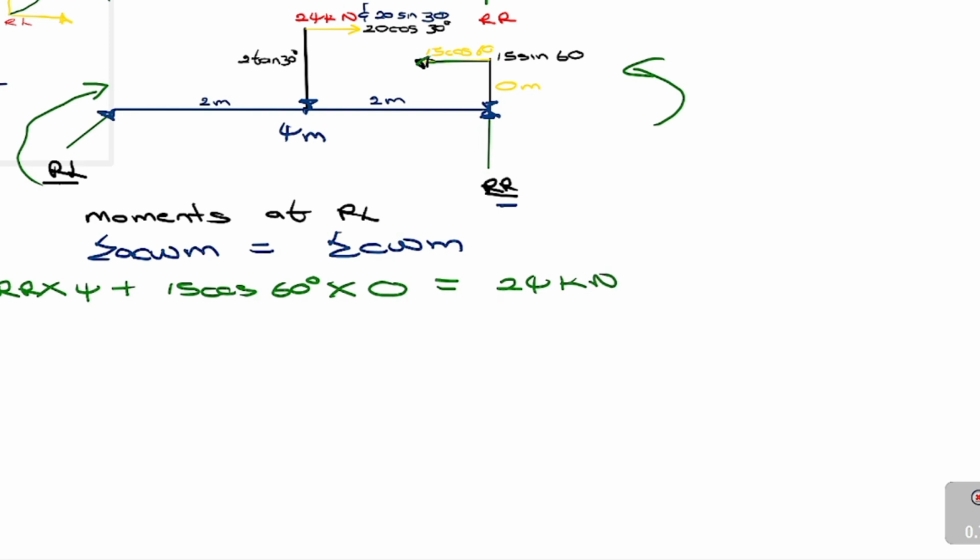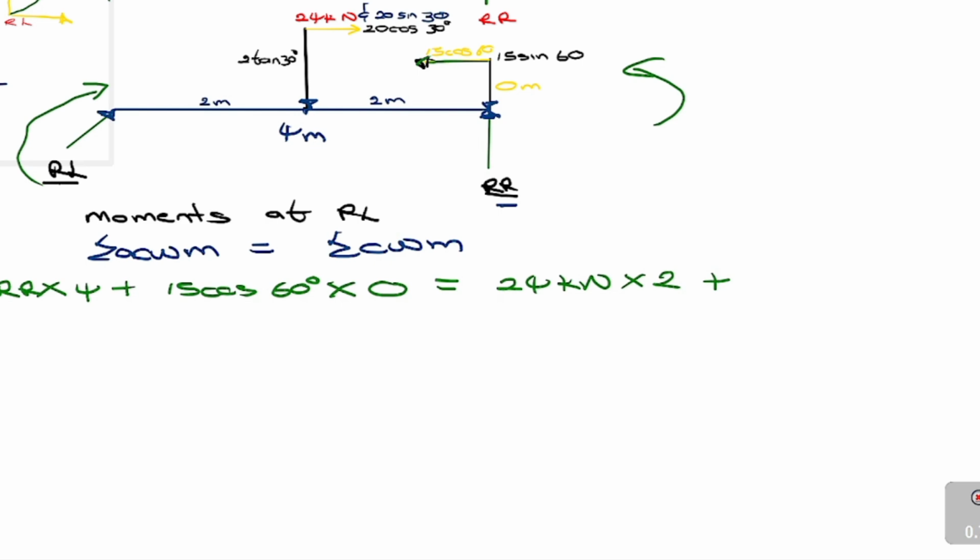Over here you can say 15 kilonewtons, it's fine, but I'm used to not putting the kilonewtons, but I think it's wiser for you to just say kilonewtons, right? So let's do that. 24 kilonewtons times the distance is acting after 2 meters, right? So times 2, right?